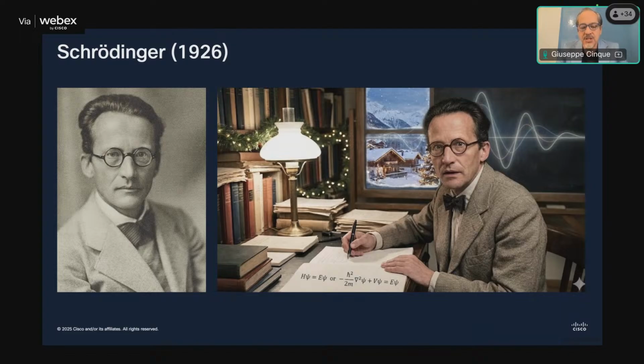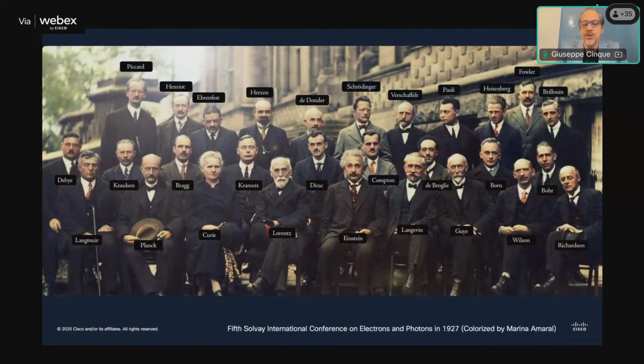He published the so-called paper on the Schrödinger equation, an equation that was able to describe this phenomenon. It was complementary to another theory that was developed 1 year before by Heisenberg. And together with other scientists like Dirac, they were able to put together a framework that has created what we now call the first quantum revolution.